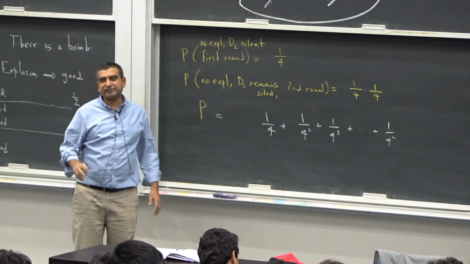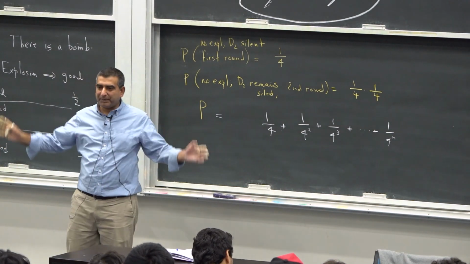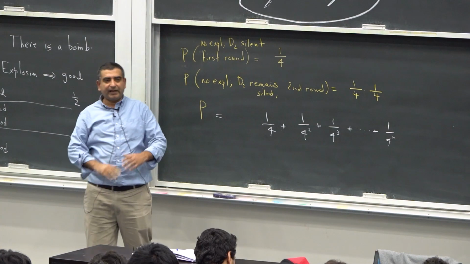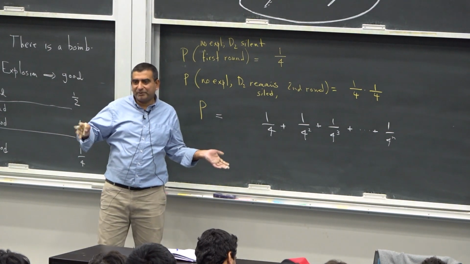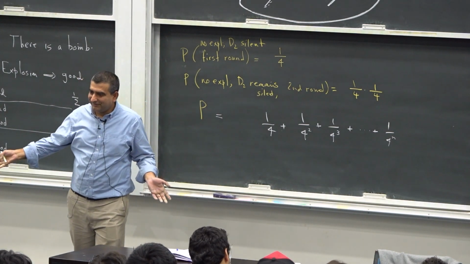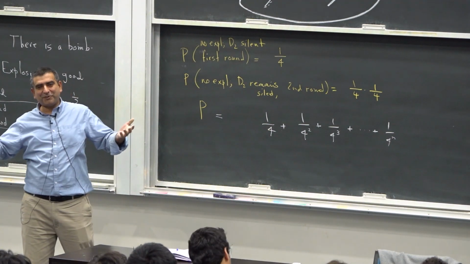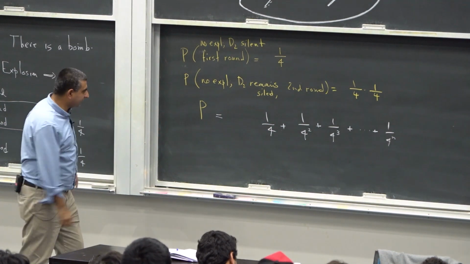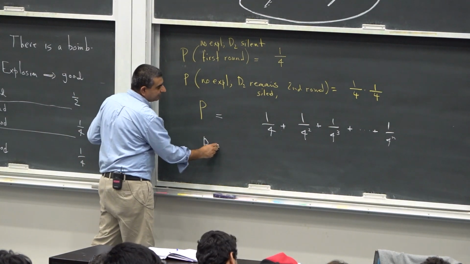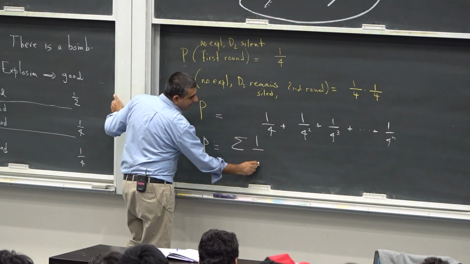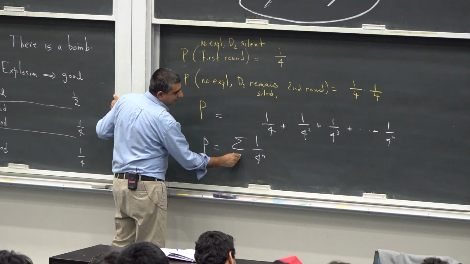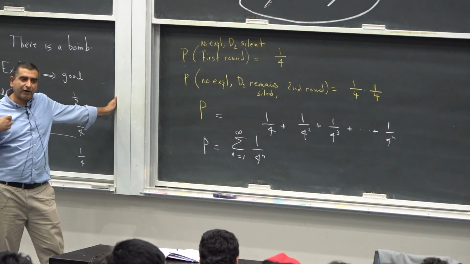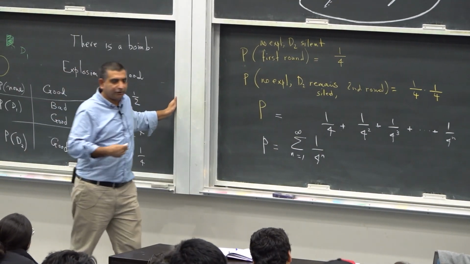Right. So now what's the probability that if you repeat this experiment for an indefinite period of time, the bomb does not explode and D2 has never clicked? 1 by 3. So you take the infinite sum of this series, right? So you now have a geometric series and you form this sum.